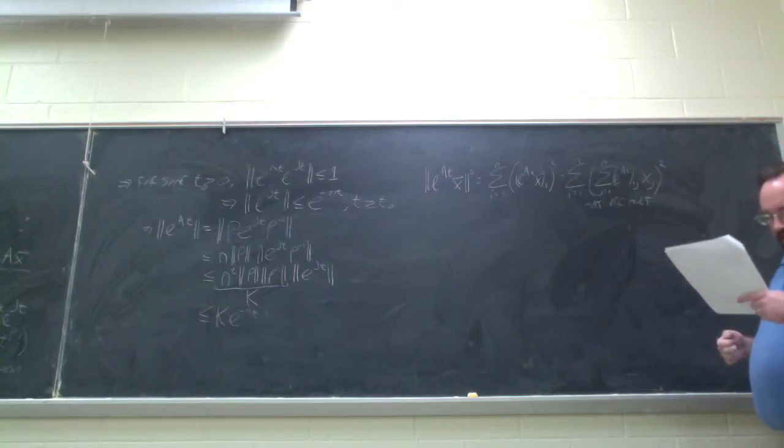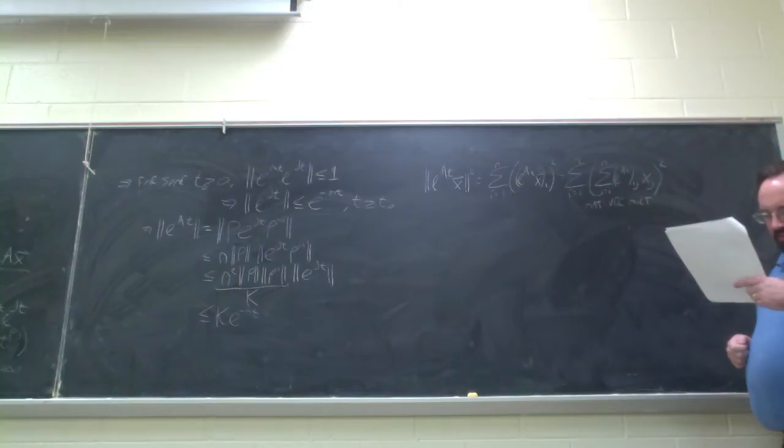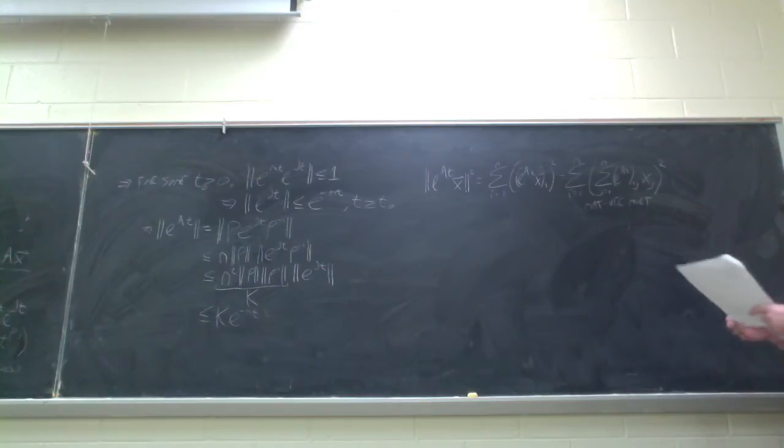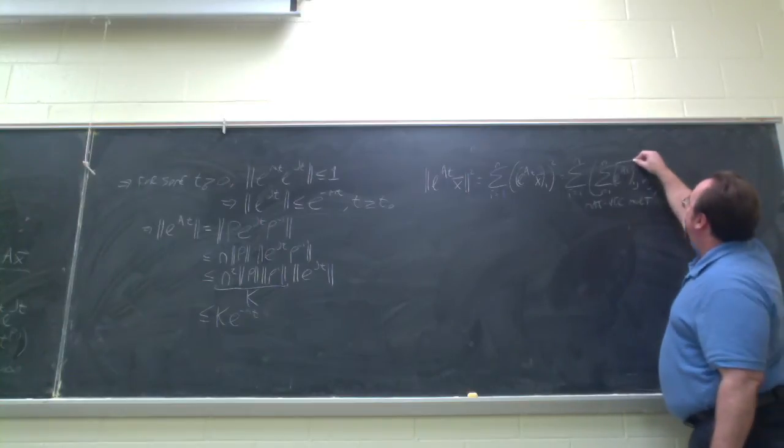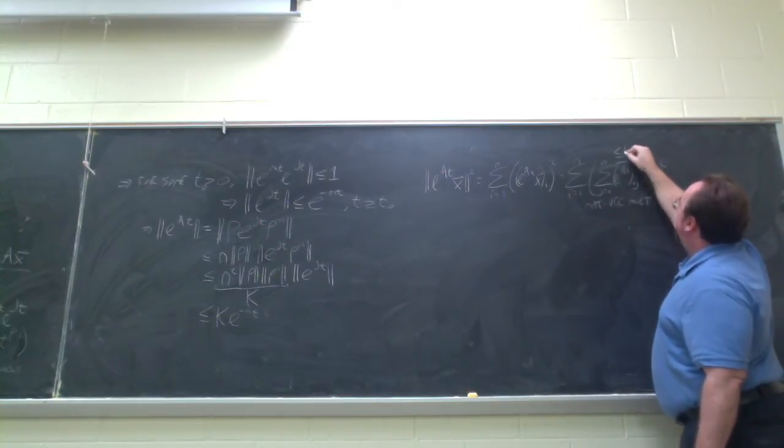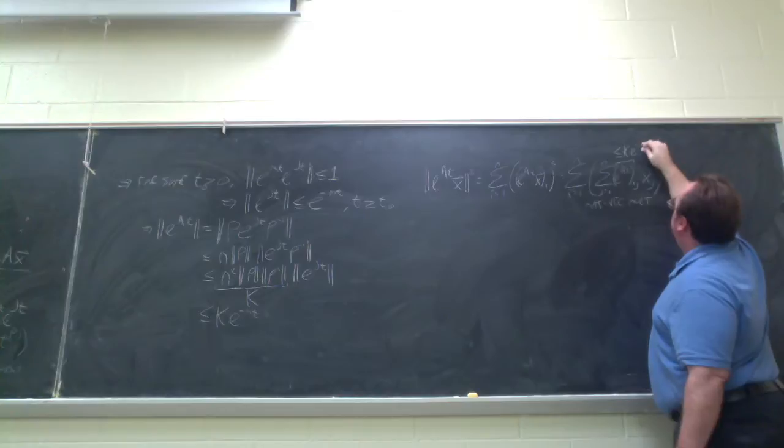Did I forget a K in here? Ah, dang it. I need a K in the final result. I just forgot in the notes. There was a mistake in the notes, but I'll fix that. So each one of these entries is less than or equal to K e to the minus mt.